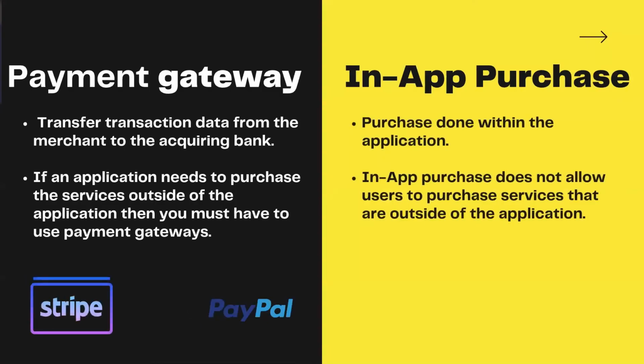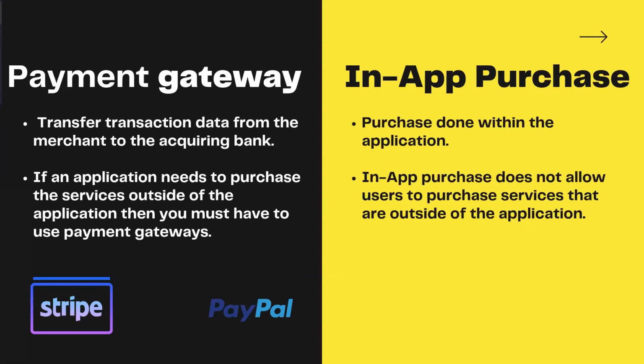And here is another interesting topic: payment gateway versus in-app purchase. Most people can understand by seeing the two images we have attached here, Stripe and PayPal. So what exactly is the difference between a payment gateway and in-app purchase?